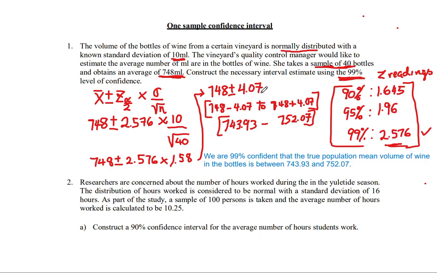In other words, the estimate is really that the population mean is 748 plus or minus 4.07, which means that it could be 4.07 lower or 4.07 higher than 748, which is why we did the subtraction and addition process here to come up with the interval. And that is how we calculate confidence intervals for means.